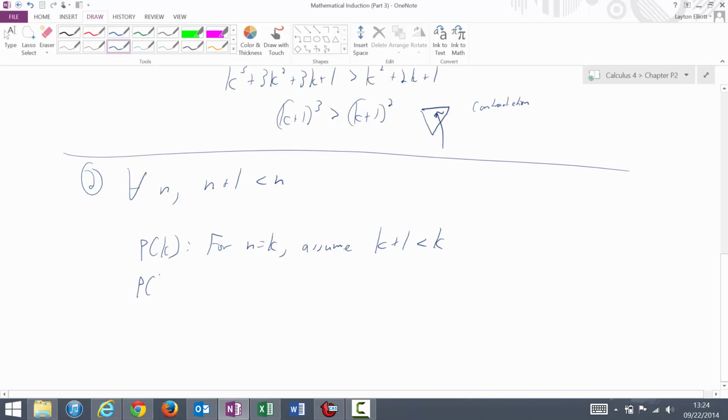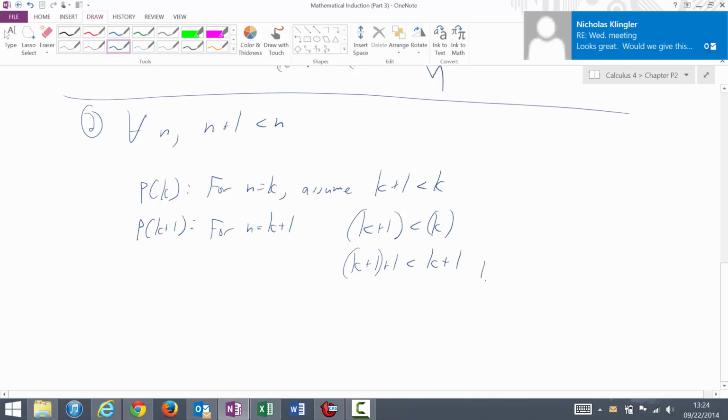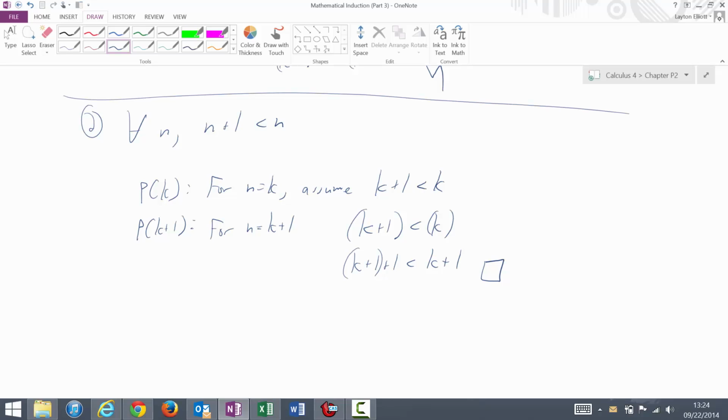And then I can check the P of k plus 1 condition. For n equal to k plus 1, I'm going to start with what we had before, k plus 1 is less than k, but I'm going to add 1 to both sides. K plus 1 plus 1 is less than k plus 1. And if I group that differently, like this, then I have what I need for P of k plus 1. So that should prove it.